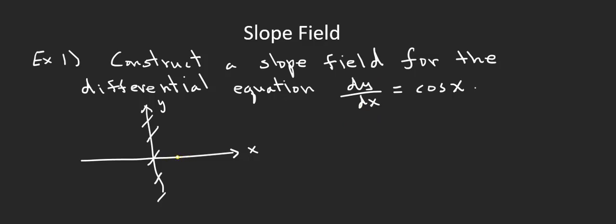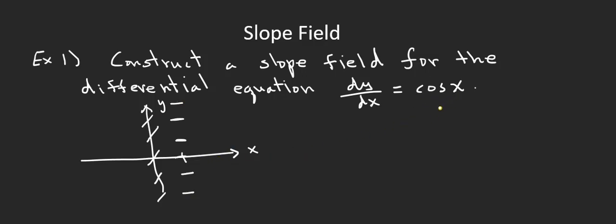What about at, let's say, pi over 2? Cosine of pi over 2 is 0. So whenever x equals pi over 2, the slope is going to be 0. What about pi? What is cosine of pi?